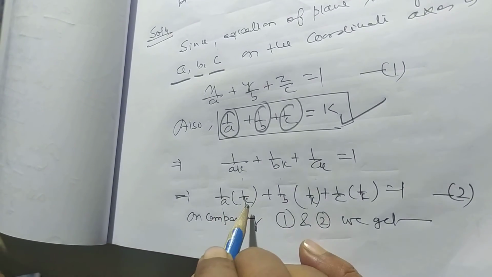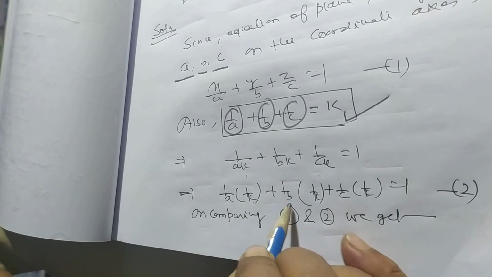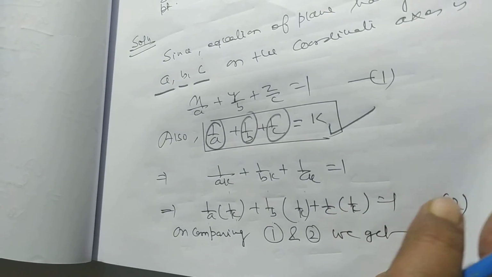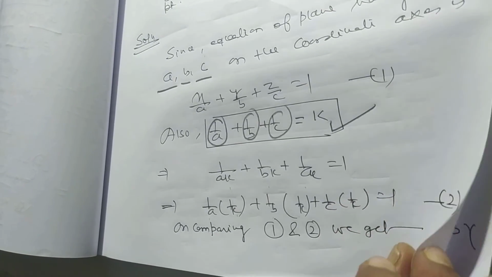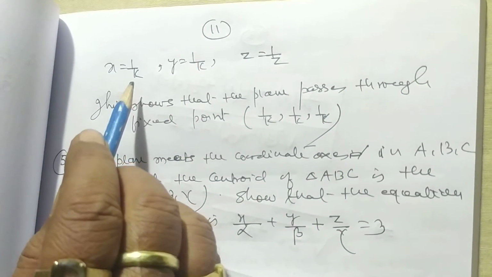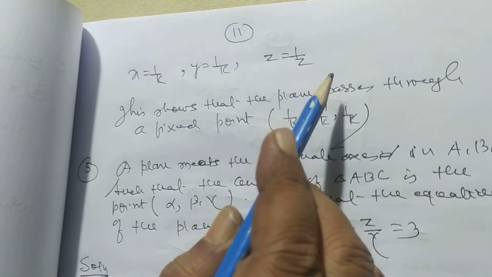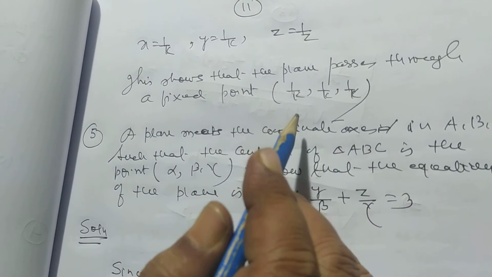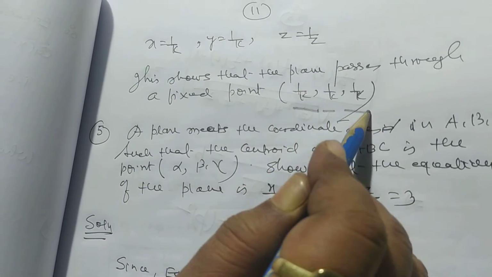Take common: 1 by a, 1 by k plus 1 by b, 1 by k plus 1 by c, 1 by k is equal to 1. On comparing first and second, we get x is equal to 1 by k, y is equal to 1 by k, z is equal to 1 by k. This shows that the plane passes through a fixed point 1 by k, 1 by k, 1 by k.